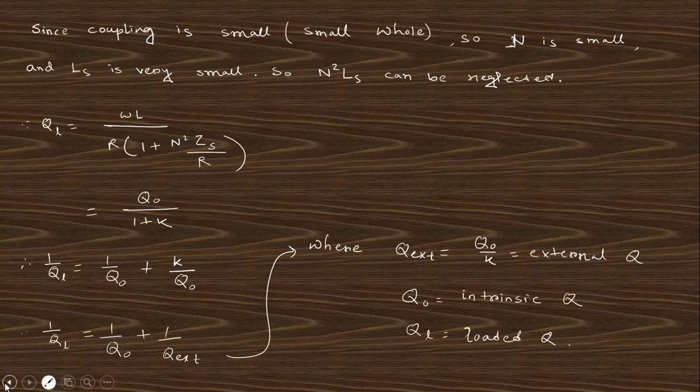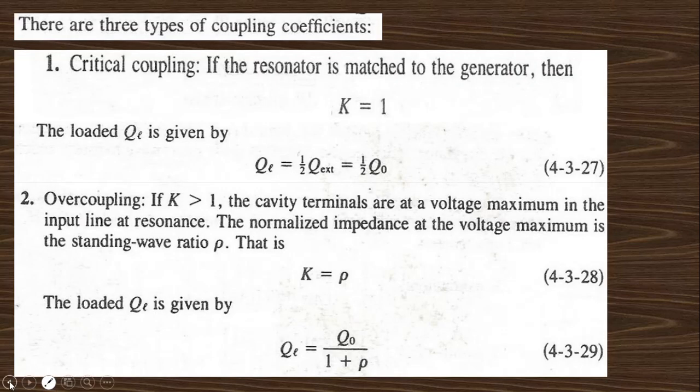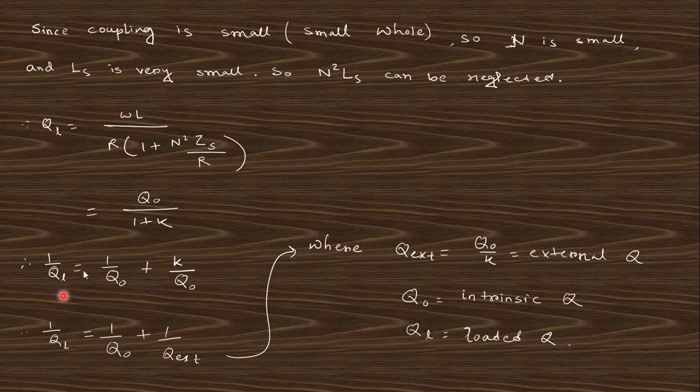If you take R as common, this will be Q0, and n square ZS by R is taken as K.